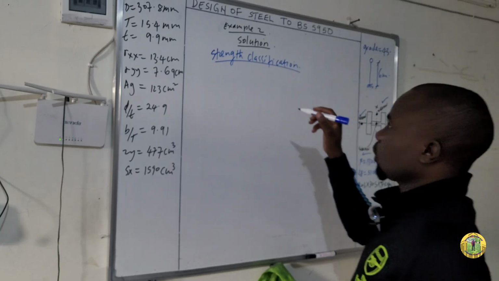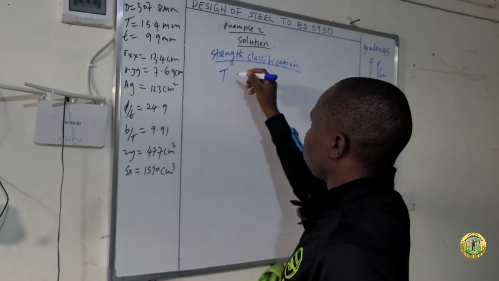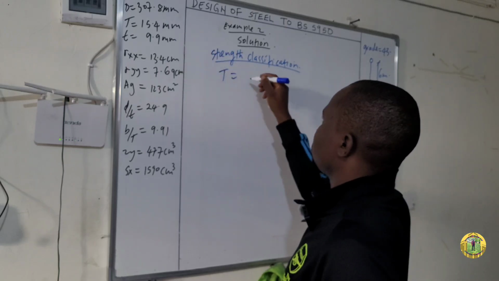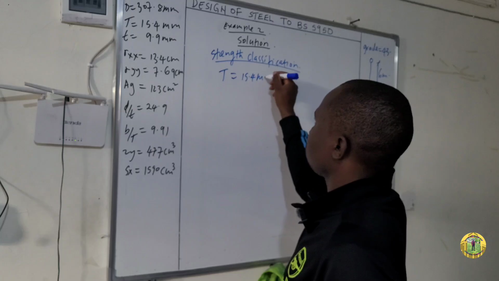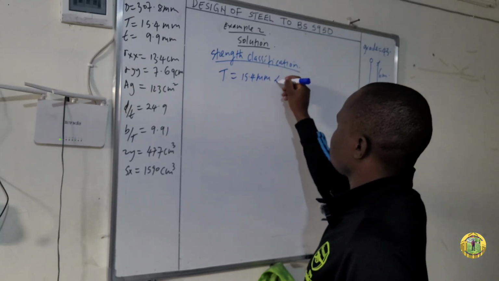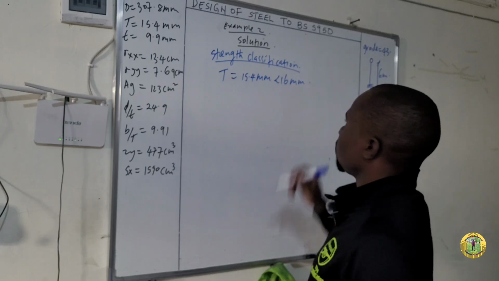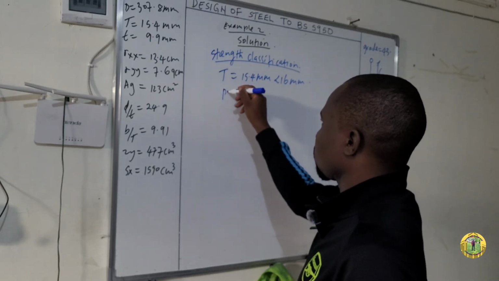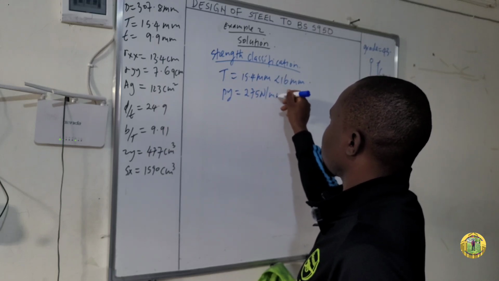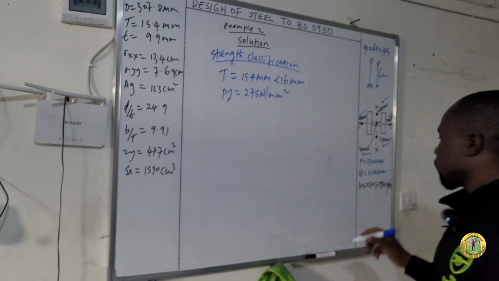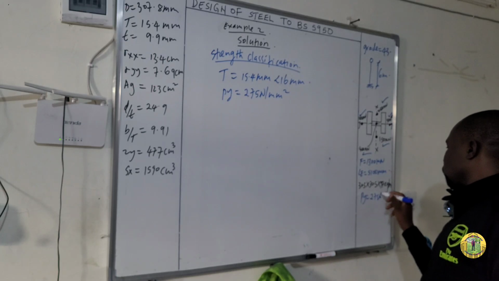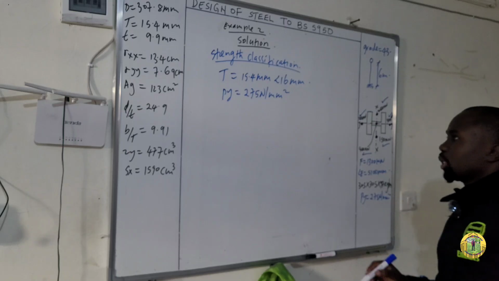For strength classification, we always use flange thickness as a guideline. For this case, it is 15.4 millimeter, and this 15.4 is less than 16 millimeter. Therefore, Py is equal to 275 Newton per millimeter square. You can as well come here and say Py is equal to 275 Newton per millimeter square.